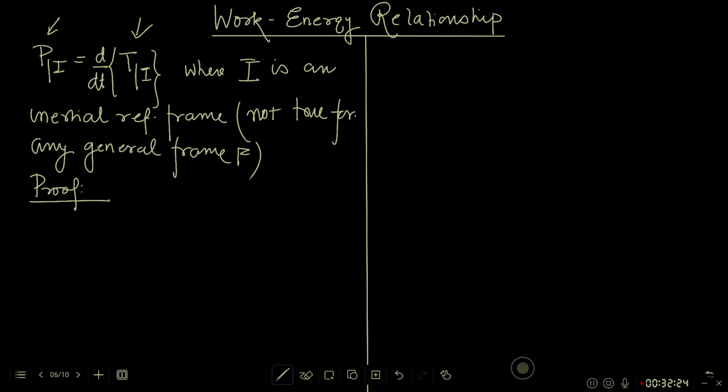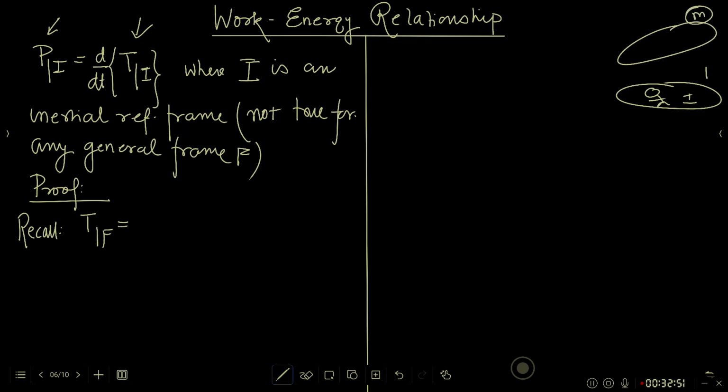So recall from the previous slide the definition of T with respect to any frame F. This is how we define the kinetic energy of an RB with respect to frame F, and if it is T with respect to I, you just have to change all F to I.